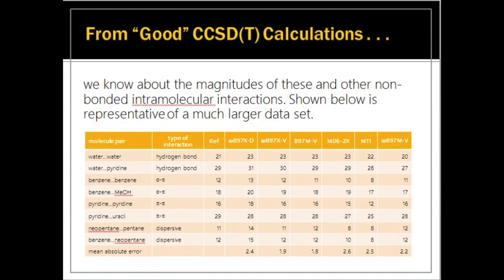If you put these in a table, I don't like tables with lots of numbers, but I'm going to do it here. I've got a number of examples of two-molecule systems. So these are interactions. They're not intramolecular, they're intermolecular between two molecules rather than the same molecule. This is easier to demonstrate. There are hydrogen bonding interactions between two waters or between water and pyridine.